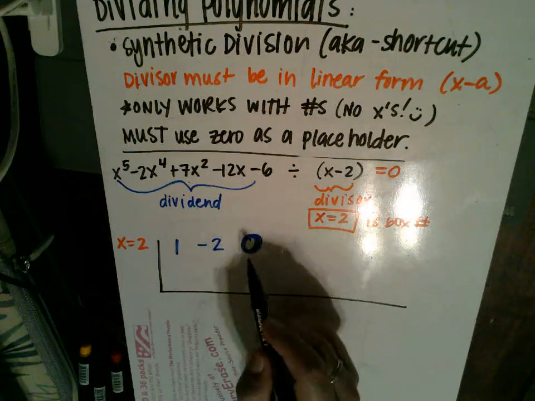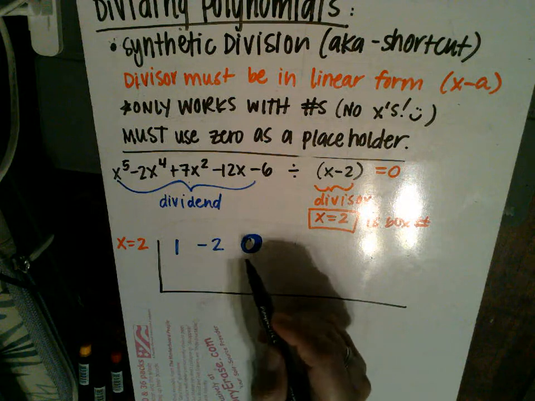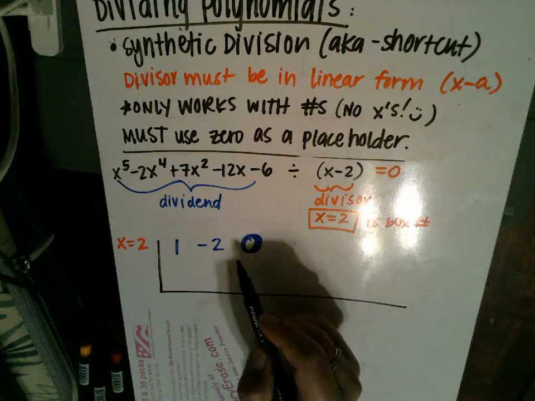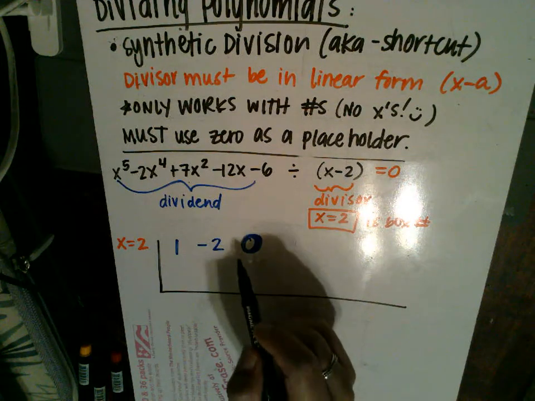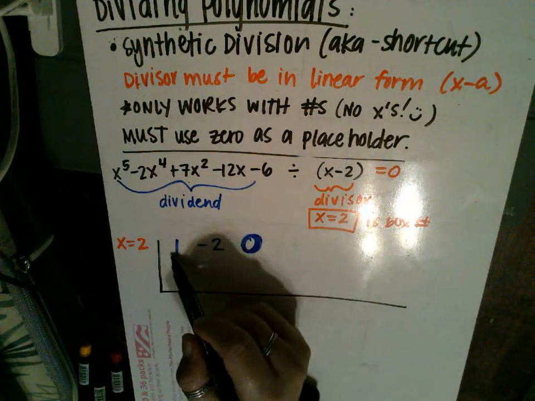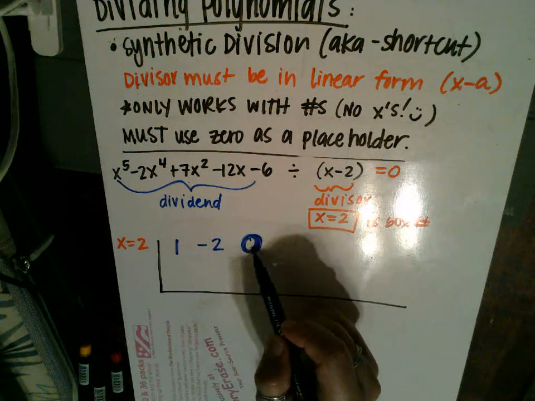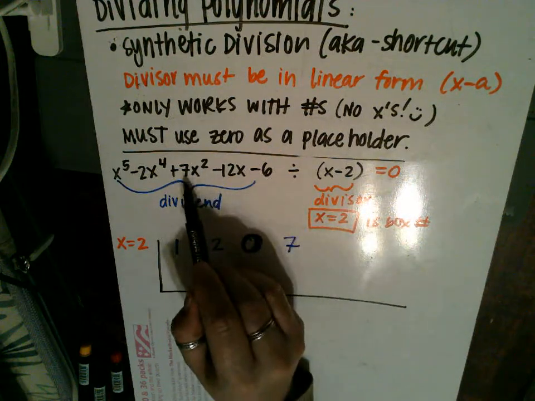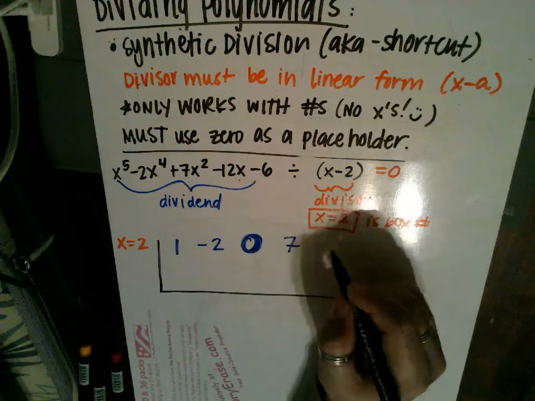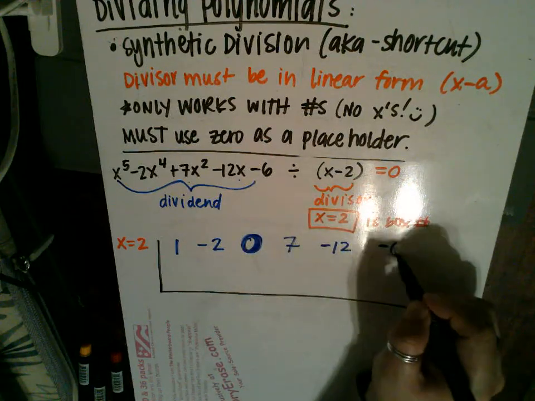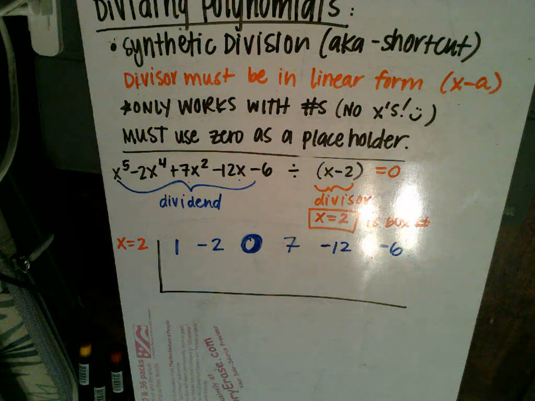I absolutely have to have this placeholder with synthetic division. Long division, you can get away without having the placeholder. You just have to be a little careful. Synthetic will fail if you do not use a placeholder. So x to the 5th, x to the 4th, x to the 3rd, x squared coefficient is 7. X to the first coefficient is negative 12, and the constant term is negative 6.